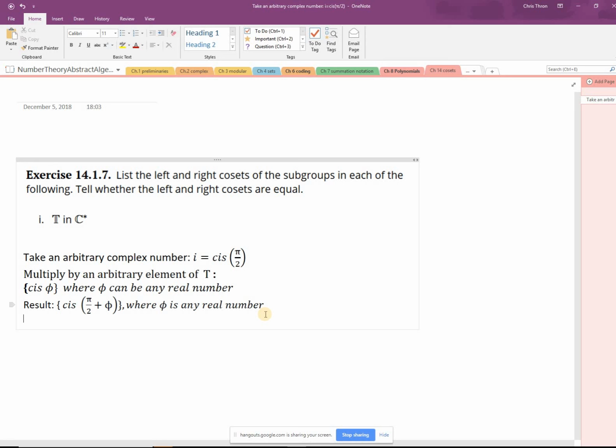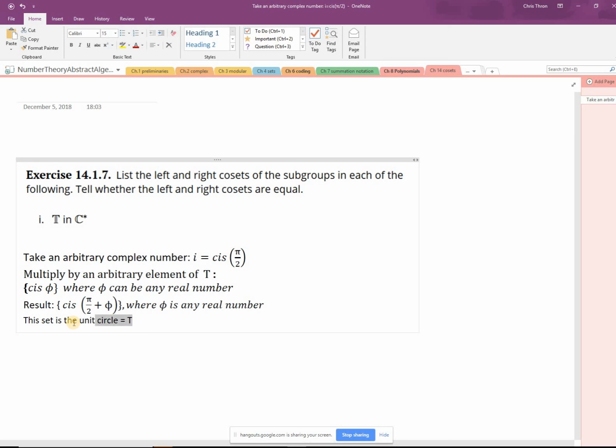Yeah, okay, because if you plug in any number for phi, basically you can get any number for pi over 2 plus phi. Okay, so this set is the unit circle, which is equal to T.